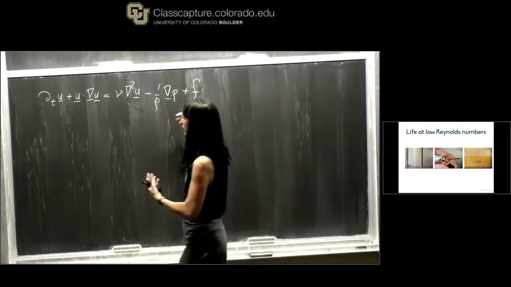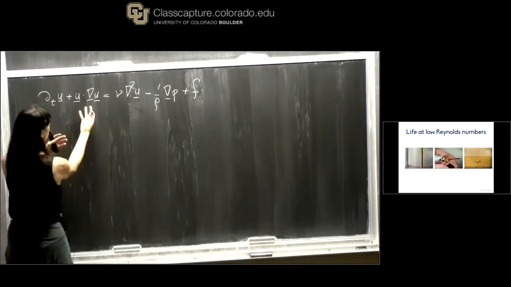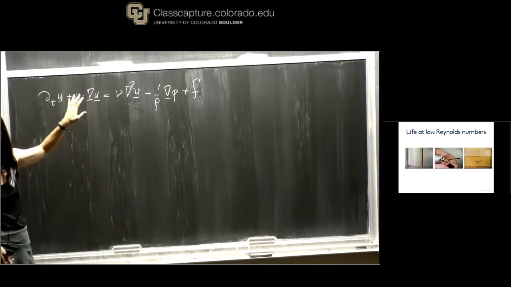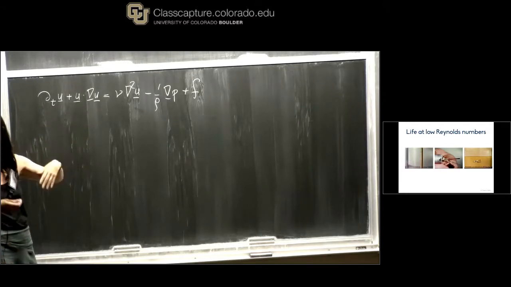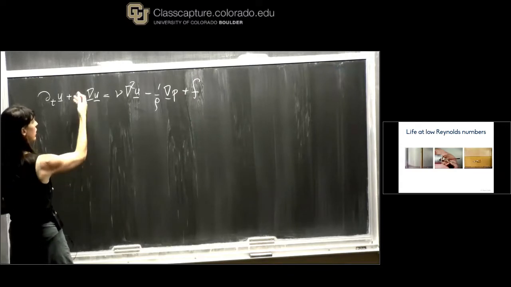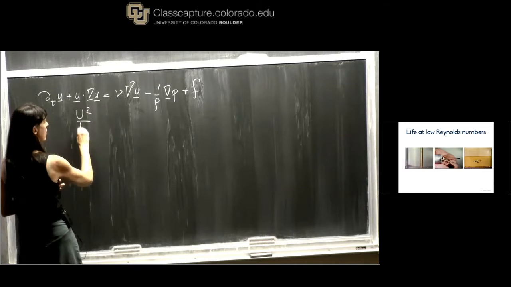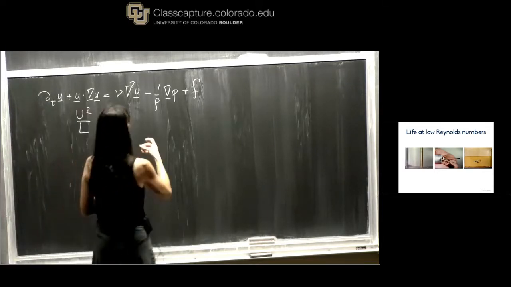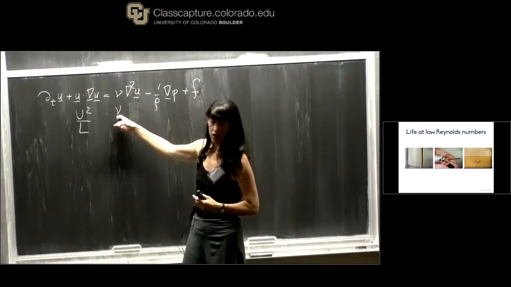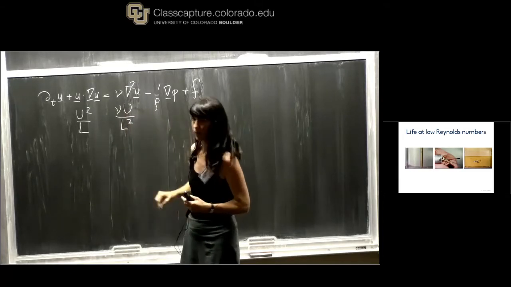Okay? And if you do an order of magnitude calculation of this nonlinear term, this is what makes this equation infamously complicated to understand, to solve numerically, analytically, and we'll talk a little bit more about this. This nonlinear term, its order of magnitude is u squared divided by length scale. And the order of magnitude of viscosity is kinematic viscosity times u divided by L squared.